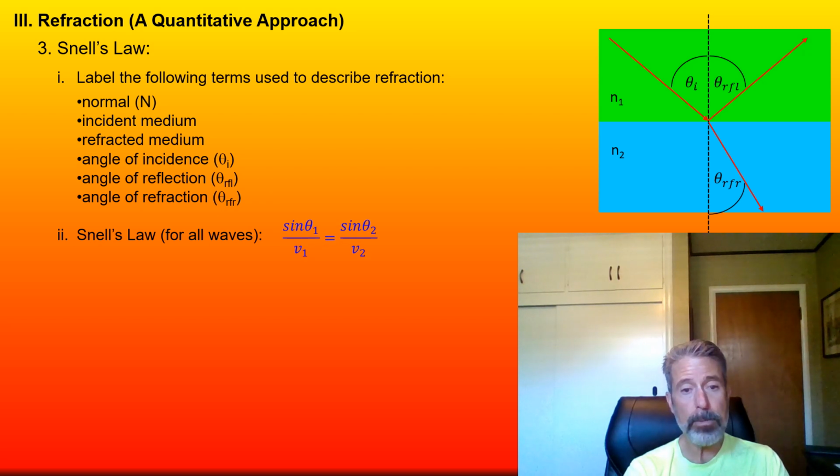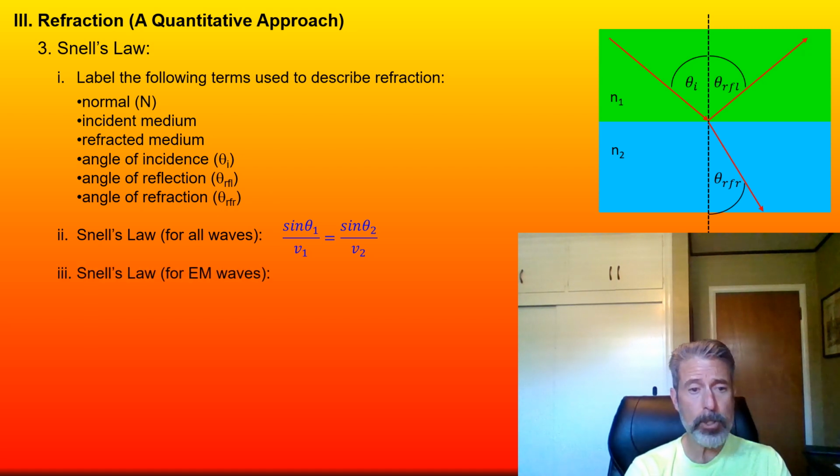So this is applicable to all waves, and here's a statement of Snell's law that is true for all waves, whether we're talking about sound waves or light waves: the ratio of the sine of theta in one medium over the speed of the wave in that medium must be equal to the sine of the angle in our transmitted medium divided by the speed in the transmitted medium.